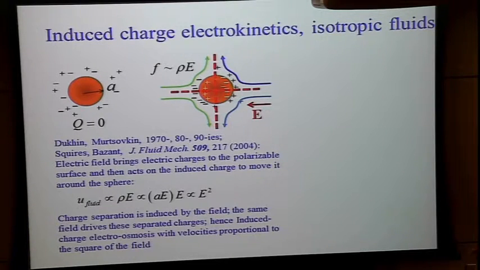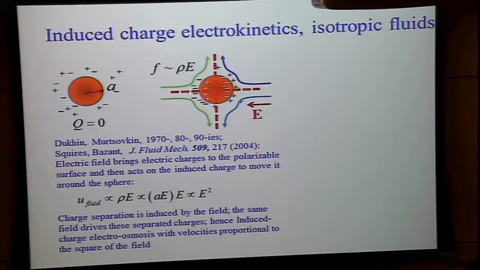Of course, if you remember Millikan's experiments that told us the elementary charge, the point there was to have charged oil droplets flowing in air in the electric field, and that is a different science. Here, the system is electroneutral, and it still moves with a linear velocity.